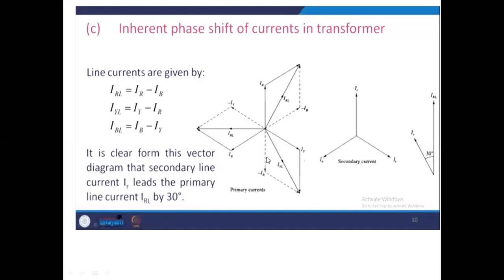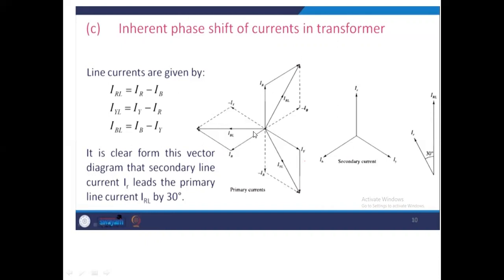Now taking the negative of each vector, this is capital IR, so this will be minus capital IR for the parallelogram law. This is capital IB, so minus capital IB, similarly capital IY, minus capital IY.